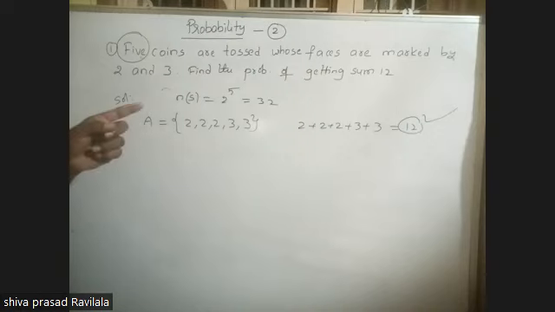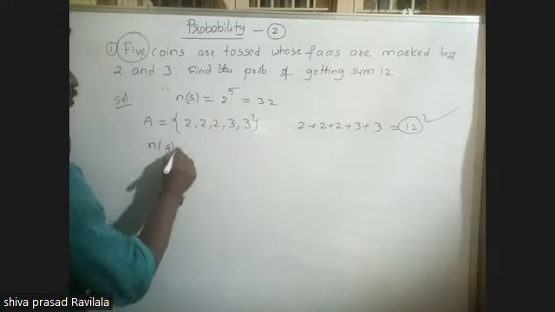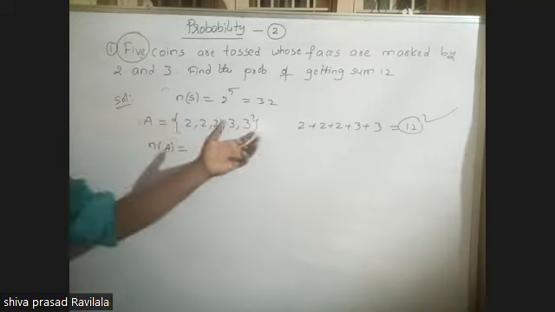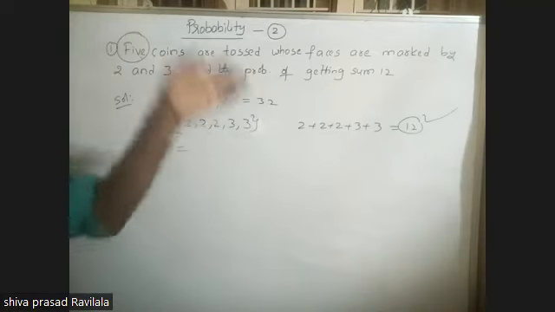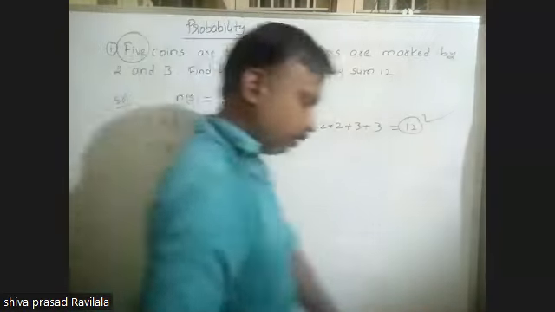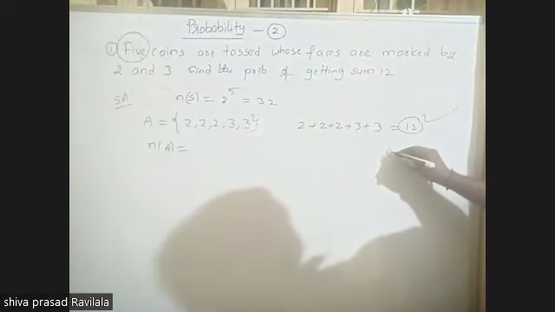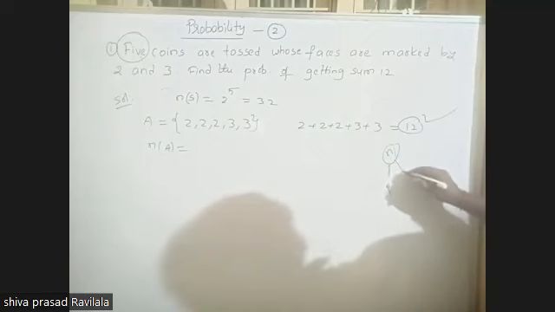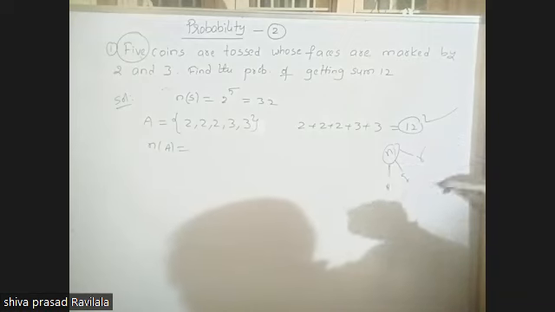How to find that N of A? Alike things in permutation. How do you arrange these 5? These 5 can be arranged in 5 factorial ways. But in this we have alike things. What is alike things in permutations? For example, there are n things. In this n, we have P of one type, Q of second type and R of third type. P, Q, R are alike things, same things.